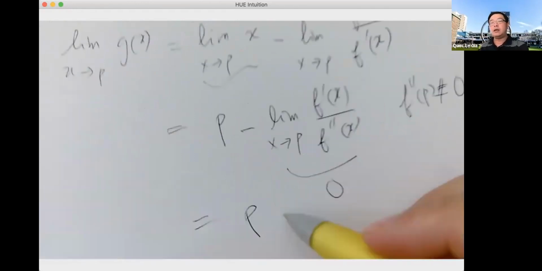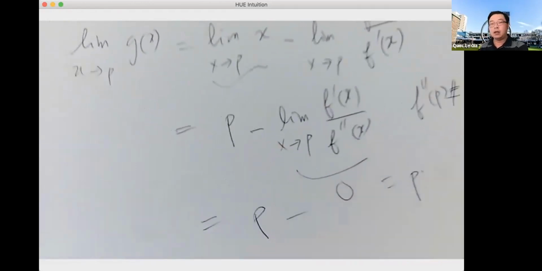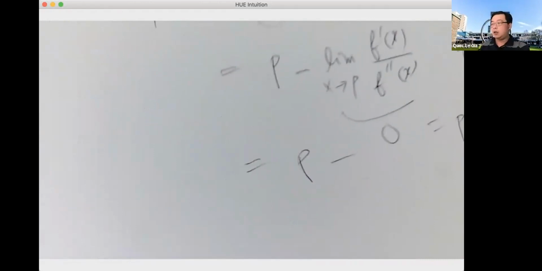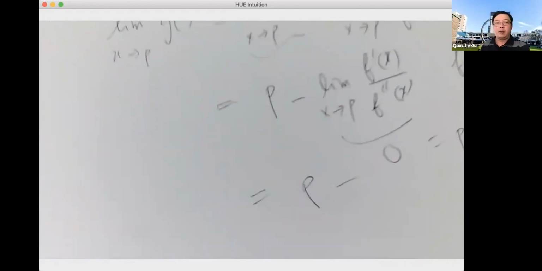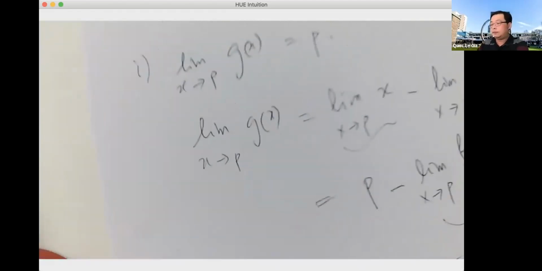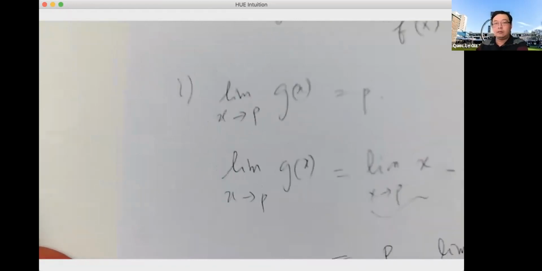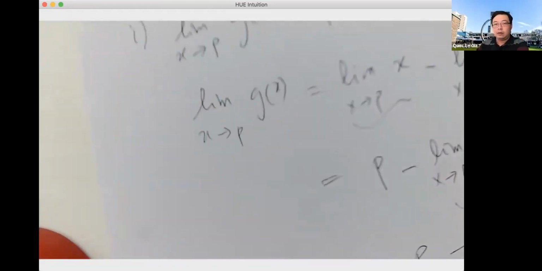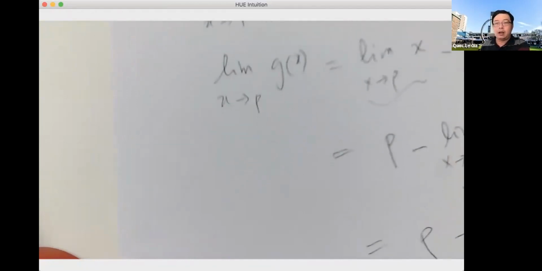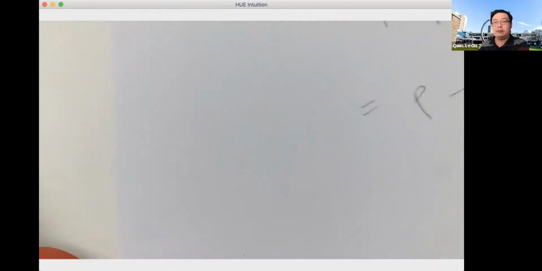Okay, so this is the first part, yeah. Now the second part, I need to write down, yeah.